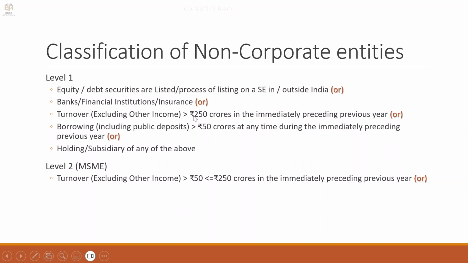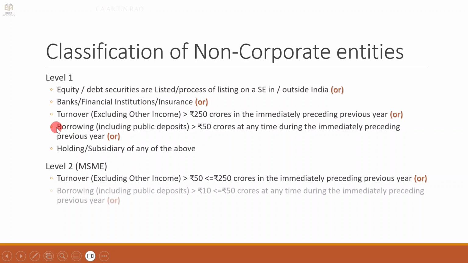So what did we discuss? Remember, just 250 divided by 5. So greater than 50, less than or equal to 250. Next, the same condition, borrowing, divide this by 5, 50 by 5. So greater than 10, less than or equal to 50. The last is the same, holding subsidiary of any of the above.